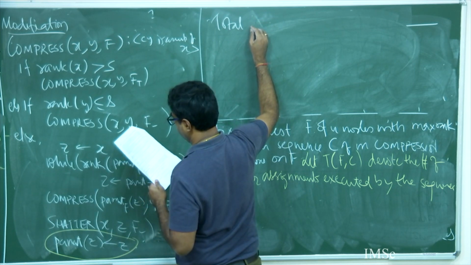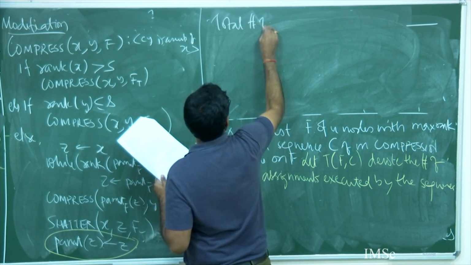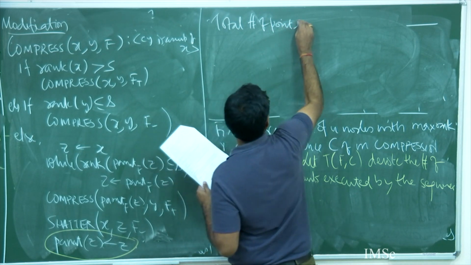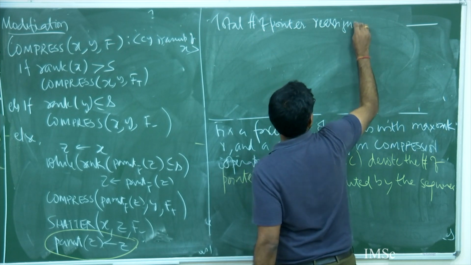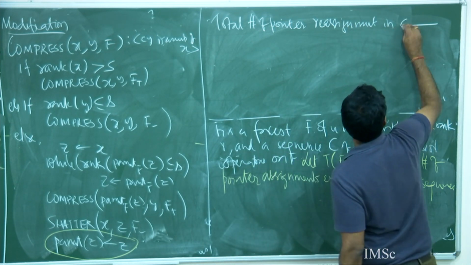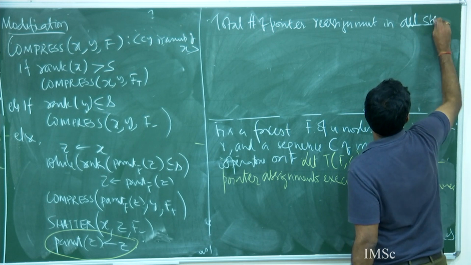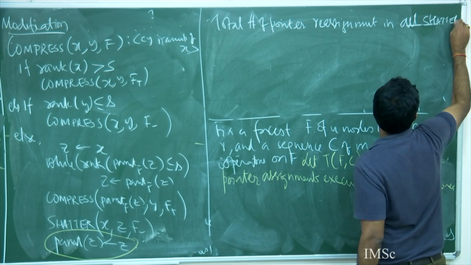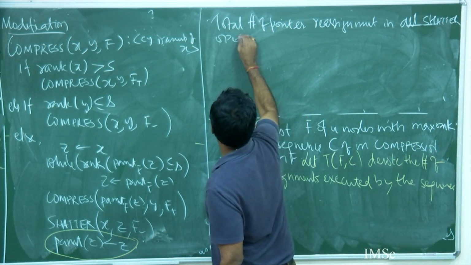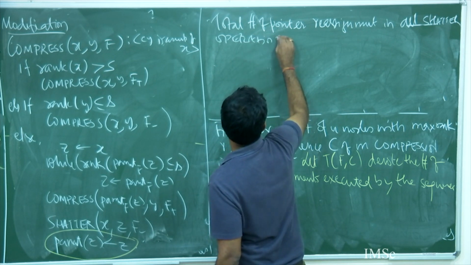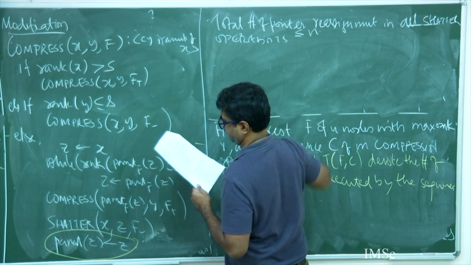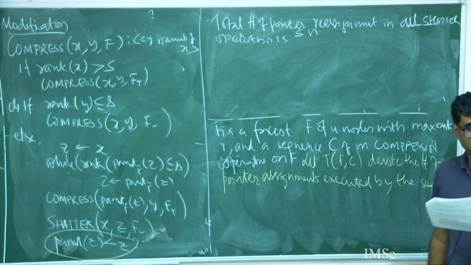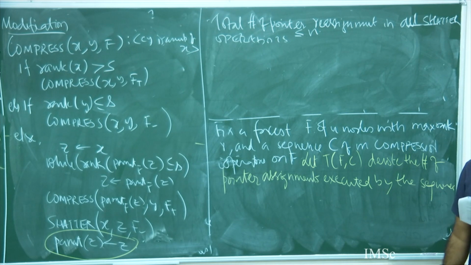The total number of pointer reassignments in all shatter operations is upper bounded by n. Agreed? Upper bounded by n. Okay, excellent.